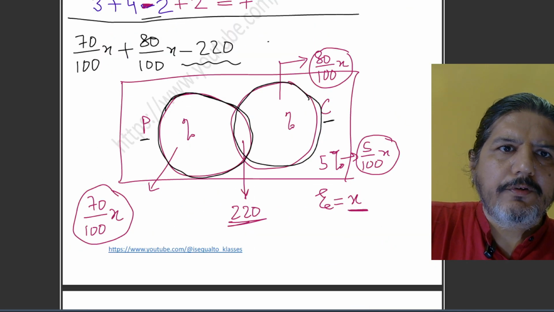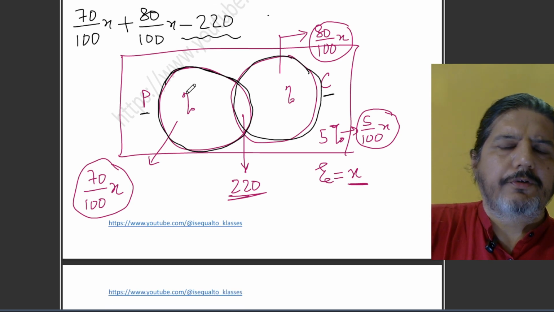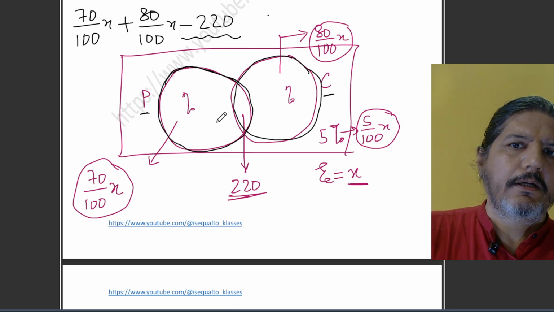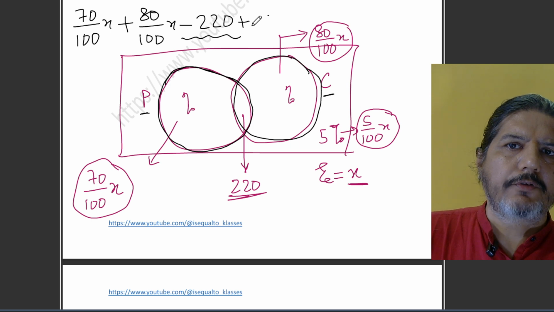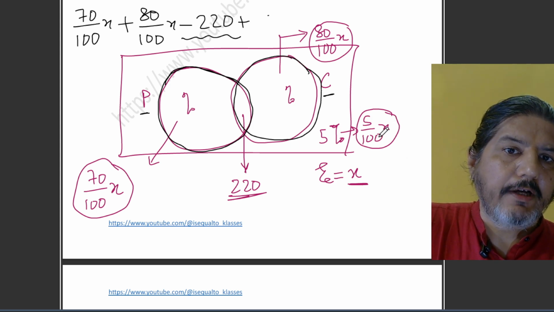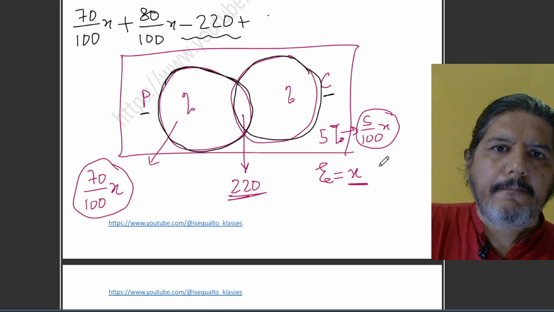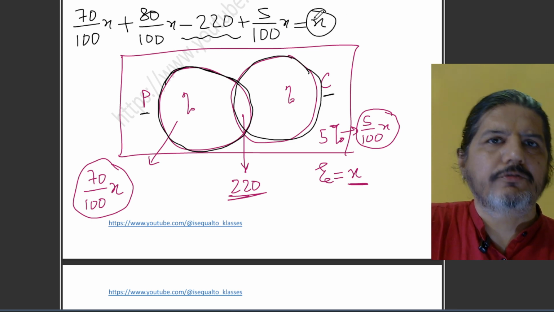But when I'm forming the equation in this question, it is 70 upon 100x plus 80 upon 100x minus 220, plus 5 upon 100x, because there are students who didn't pass any of the exams. Whole of this, when I add it, would be equal to the total number of students x.